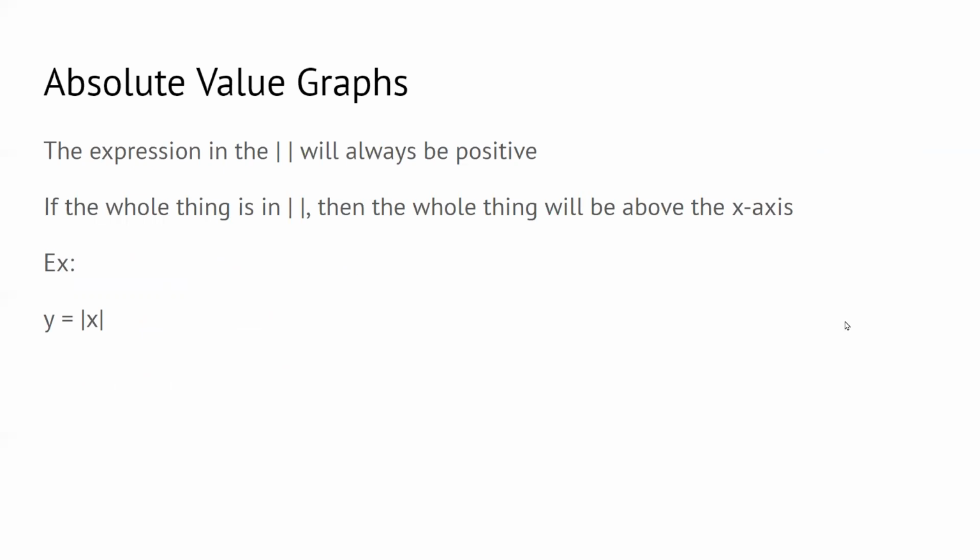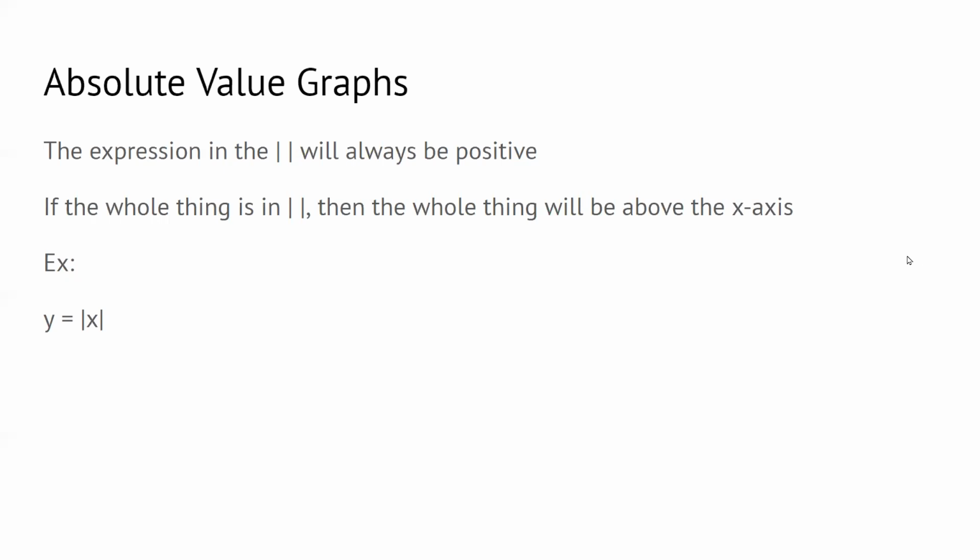So now we're gonna see how we graph an absolute value graph. The expression, as mentioned above, in the absolute value bars will always be positive. So that means the y value of an absolute value graph will always be positive, will always be greater than or equal to 0. And if the whole function is in the absolute value bars, then the whole function will be above the x-axis.